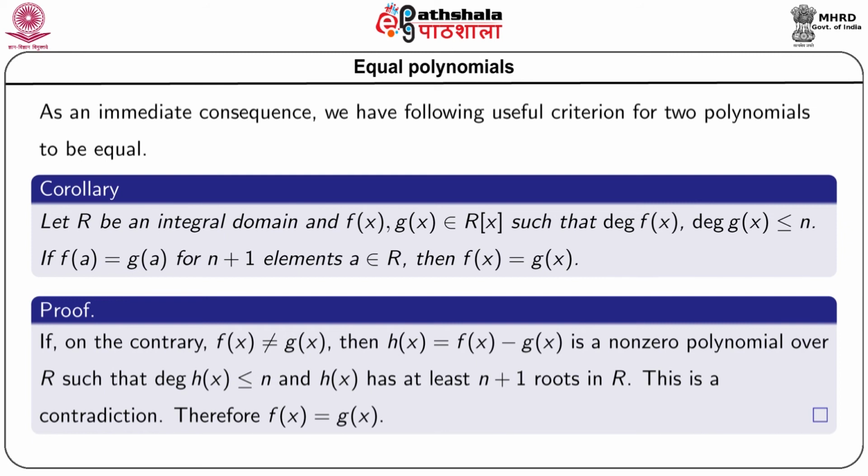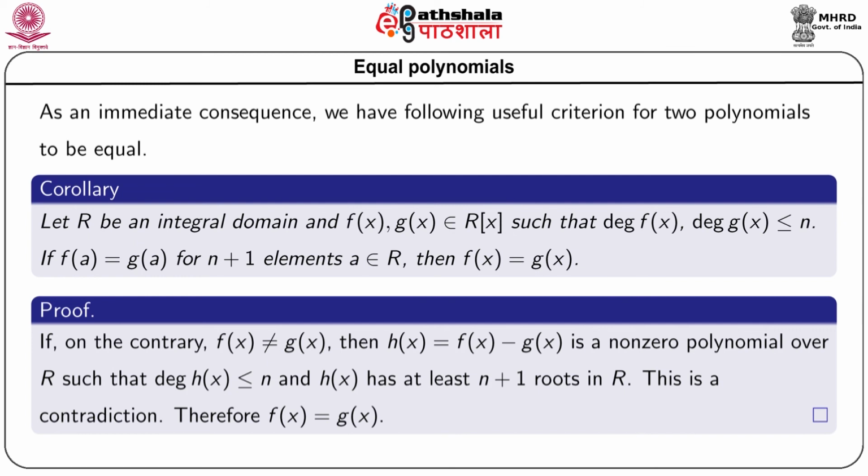So, if f(x) is a polynomial of degree n with coefficients a_i, and g(x) is a polynomial of degree n with coefficients b_i, then the condition for equality is that a_i is equal to b_i for all i. Here we give an equivalent, rather alternative characterization for f(x) and g(x) to be equal in terms of roots.